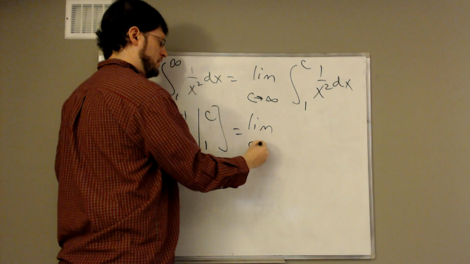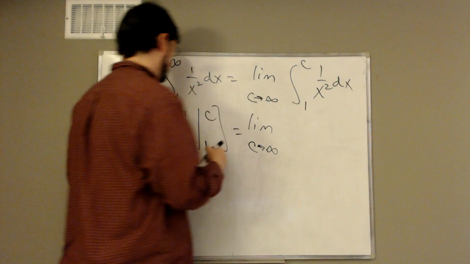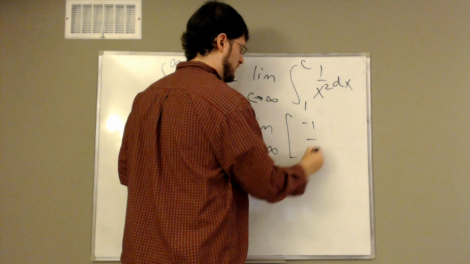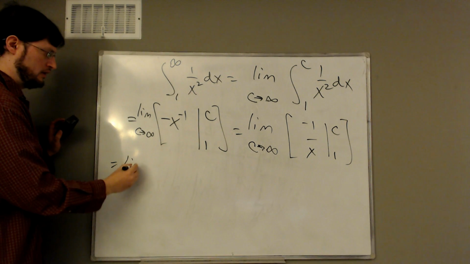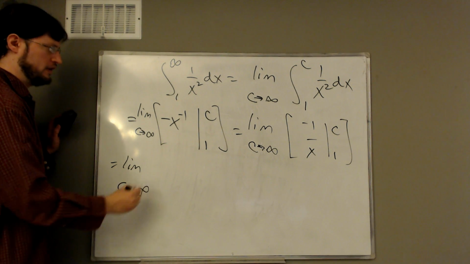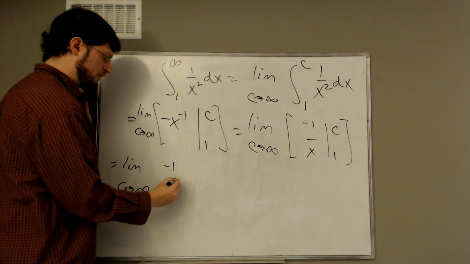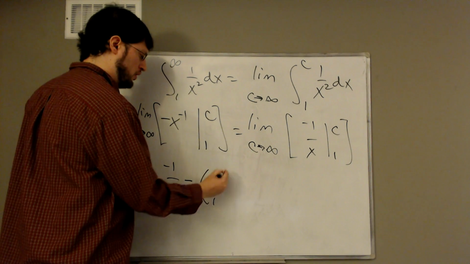So limit as c goes to infinity. Minus x to the minus 1, well, that's negative 1 over x. So that's negative 1 over x from 1 to c. The limit as c goes to infinity of, if I plug in c, I get minus 1 over c. And if I plug in 1, I get minus 1 over 1.